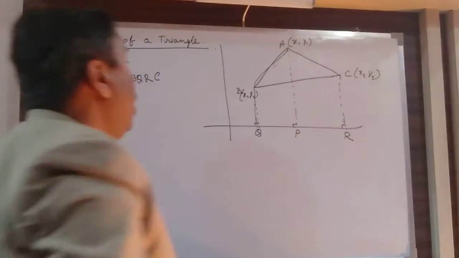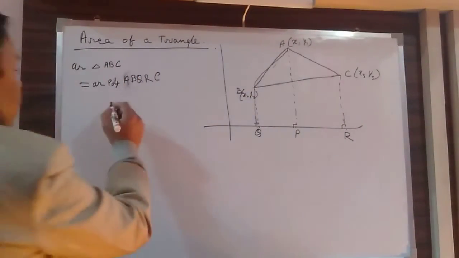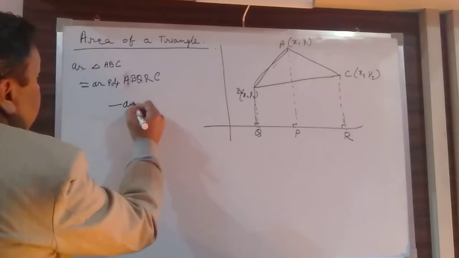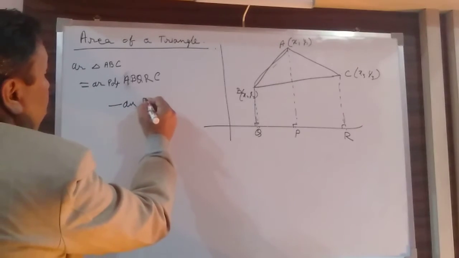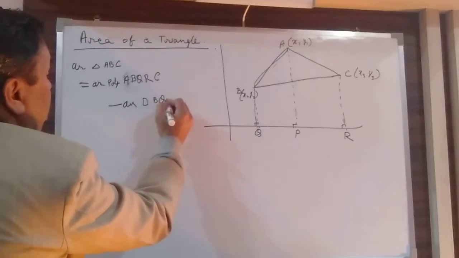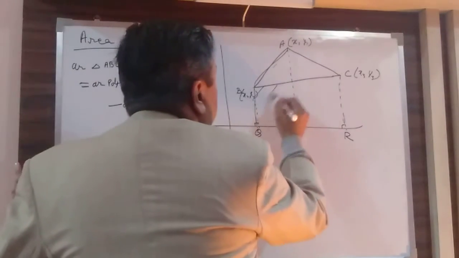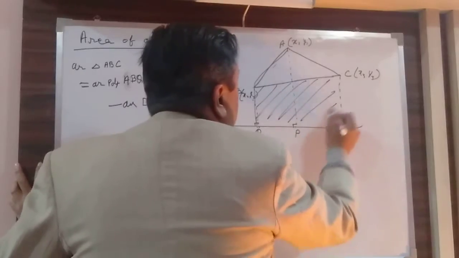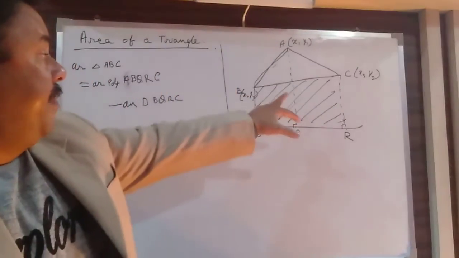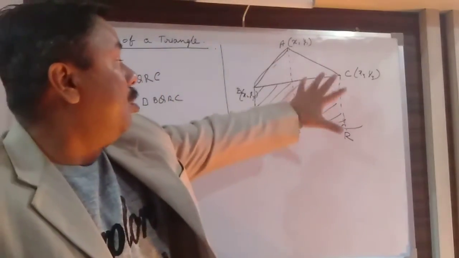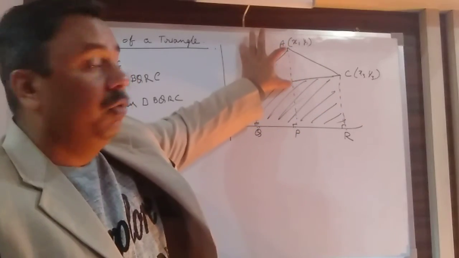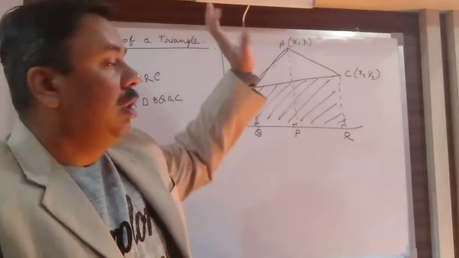And from this whole part, if I subtract the area of quadrilateral BQRC, that is, if I subtract this area from the whole thing, I will get the area of the triangle.